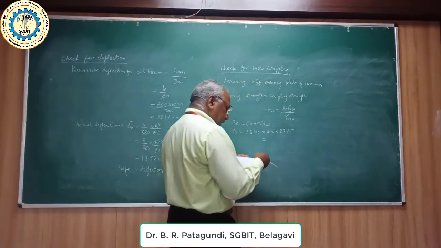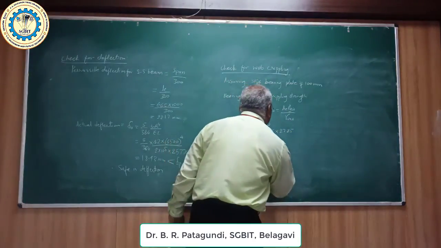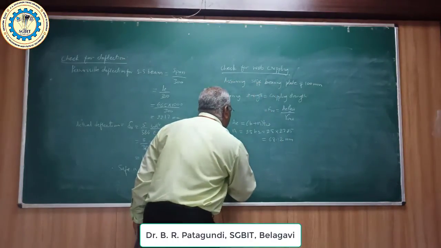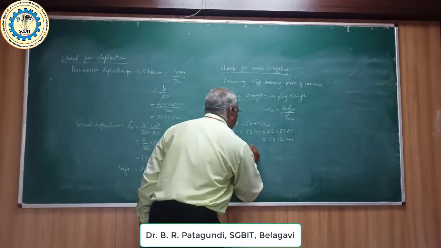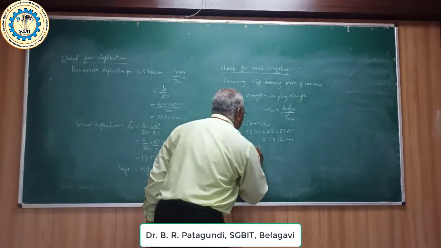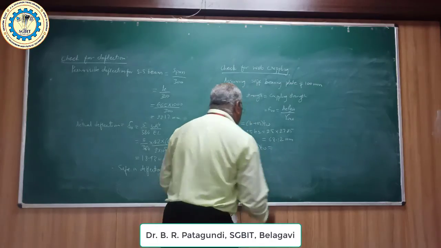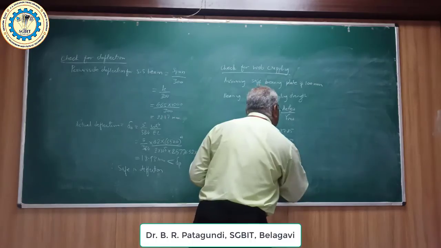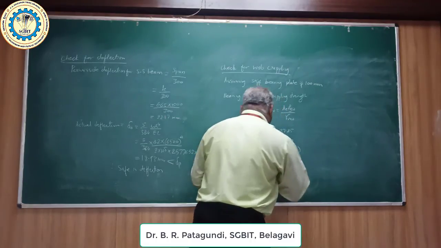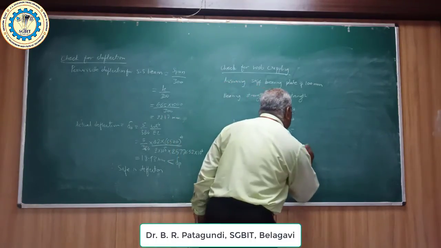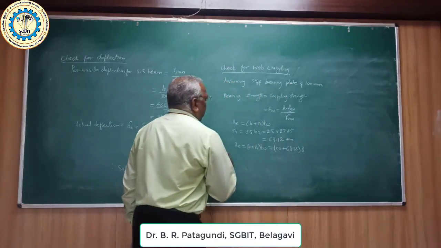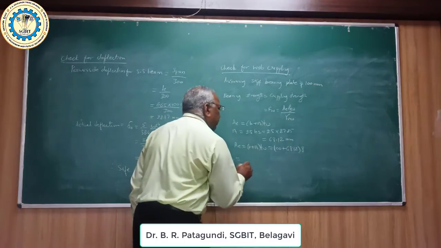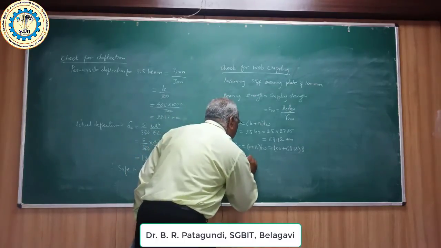So this is equal to 68.12 mm. Therefore, AE equal to B plus N1 into TW. So this is equal to 100 plus N1 is 68.12 into web thickness is 8.